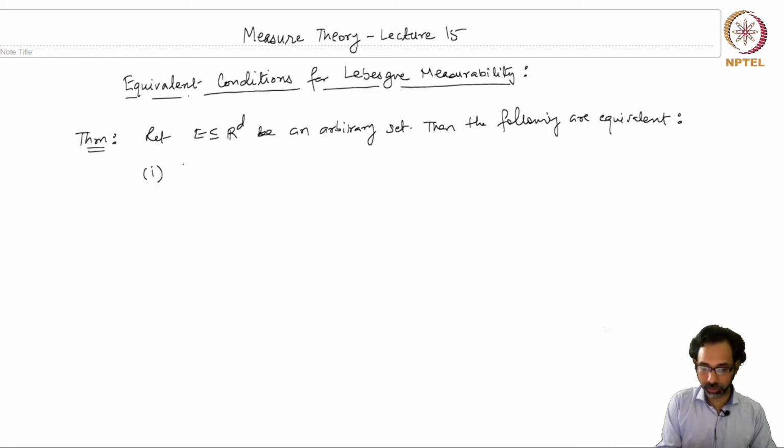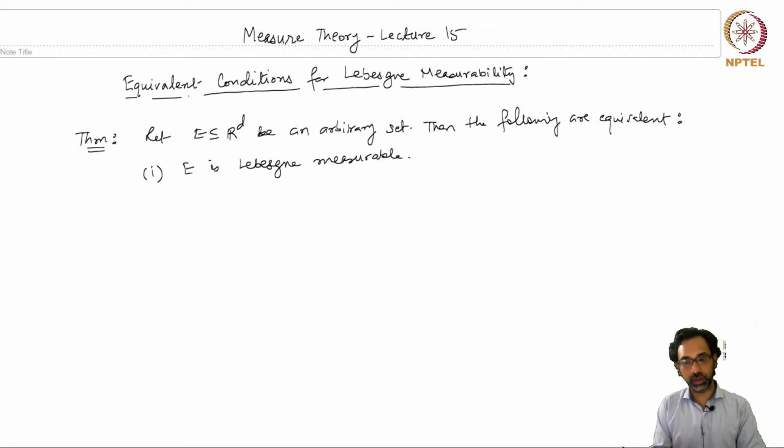The first is E is Lebesgue measurable. Of course, we want to give equivalent conditions for Lebesgue measurability. So the first one is basically just the definition of Lebesgue measurability.